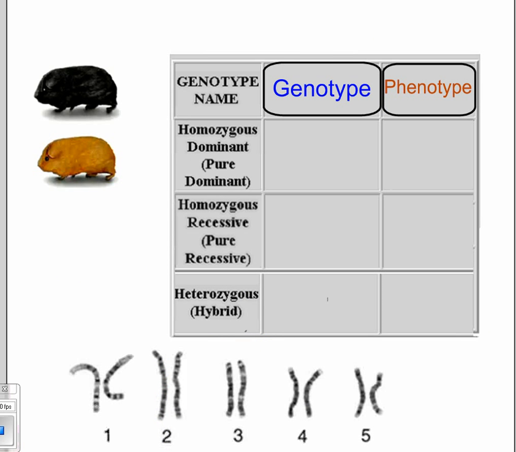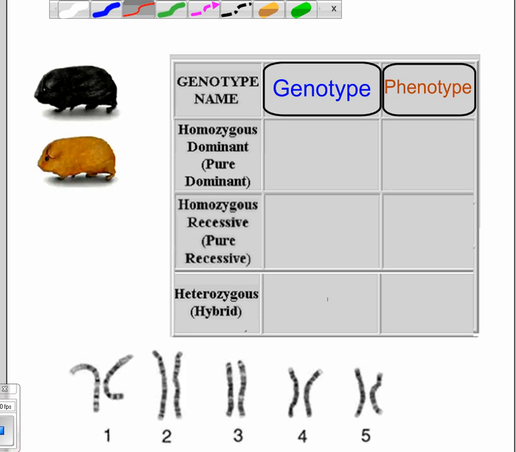All right. So the genotype of homozygous dominant. Anytime you see the word dominant, you know it is going to be uppercase letters. Big letters are dominant. Homozygous. Homo meaning the same.